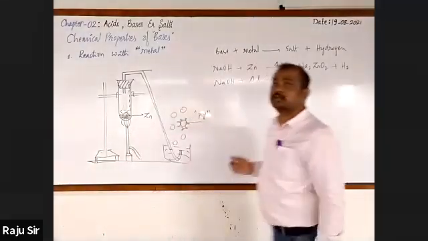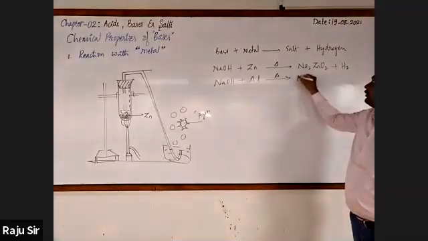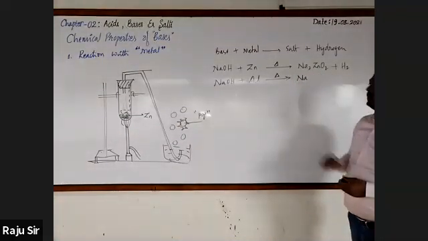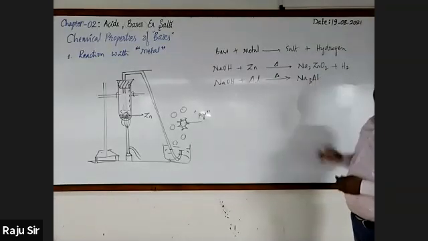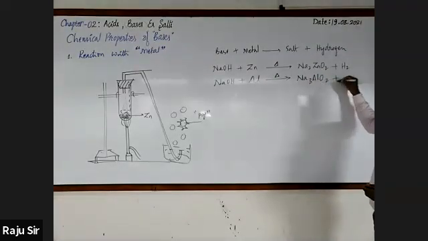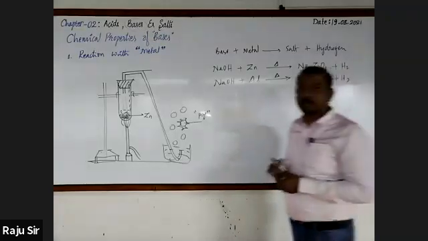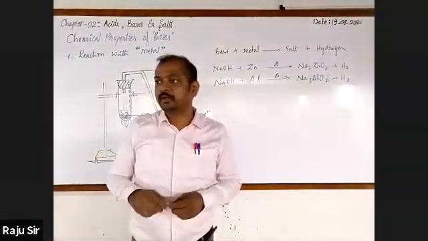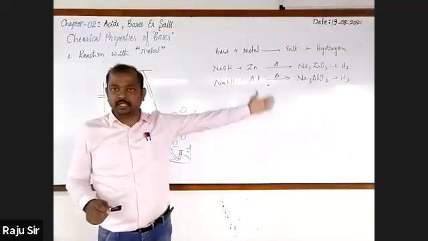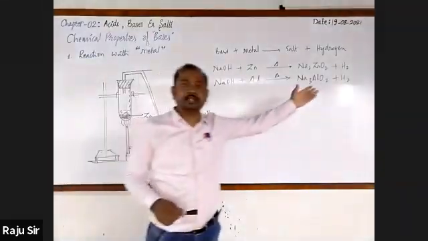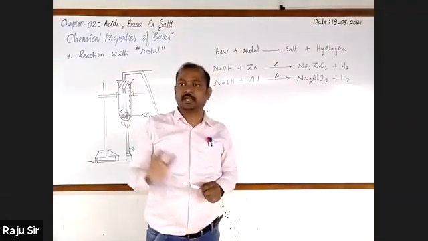Chemical formula: Na3AlO3 plus hydrogen gas liberated. Understood? Very simple. A base reacts with a metal on heating to produce salt with the liberation of hydrogen gas.